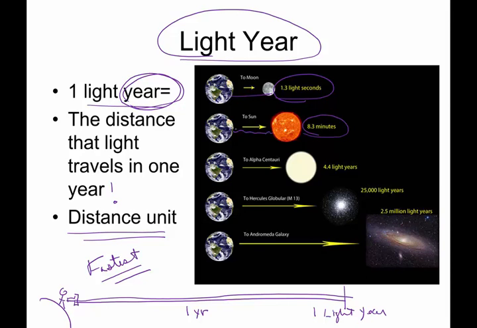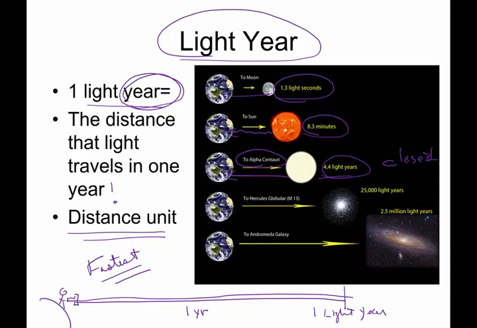Alpha Centauri and its neighboring sister star, Proxima Centauri, are 4.4 light years away. These are the closest stars to us, and the light from them, when we see them, is over 4 years old. The star could be gone, blown up, whatever, and we won't know it till 4 years afterwards. There are globular clusters that are 25,000 light years away.